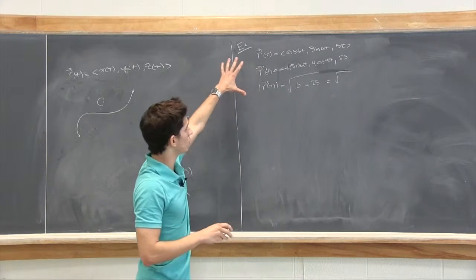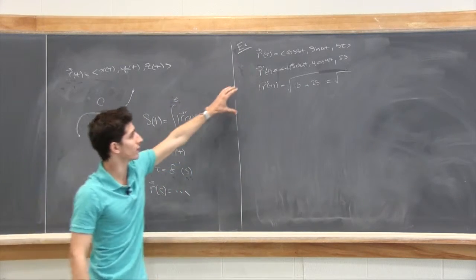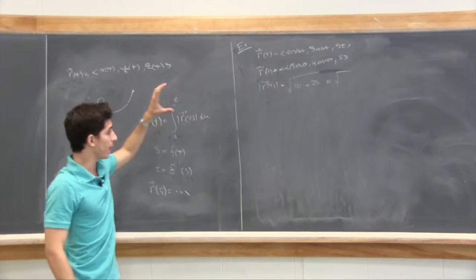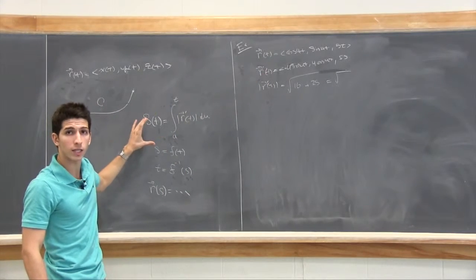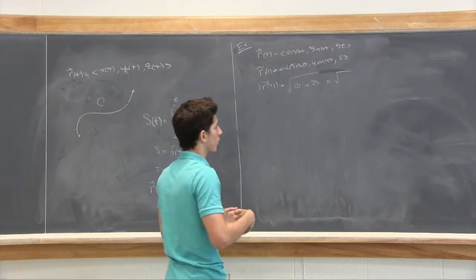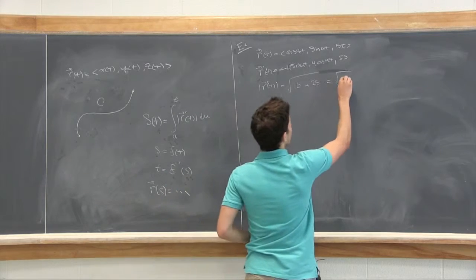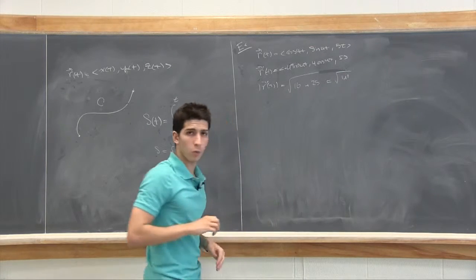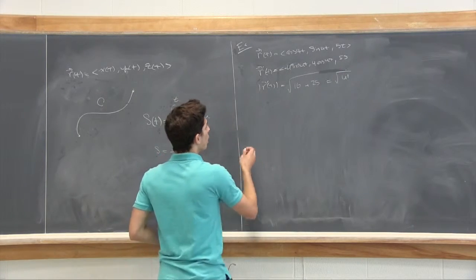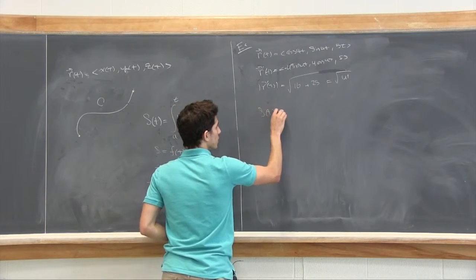Just keep in mind, after we do this, we're going to insert this expression into our integral to find the length function. This is where it deviates from finding the arc length. So here we have the square root of 41. Now we're going to find s of t.